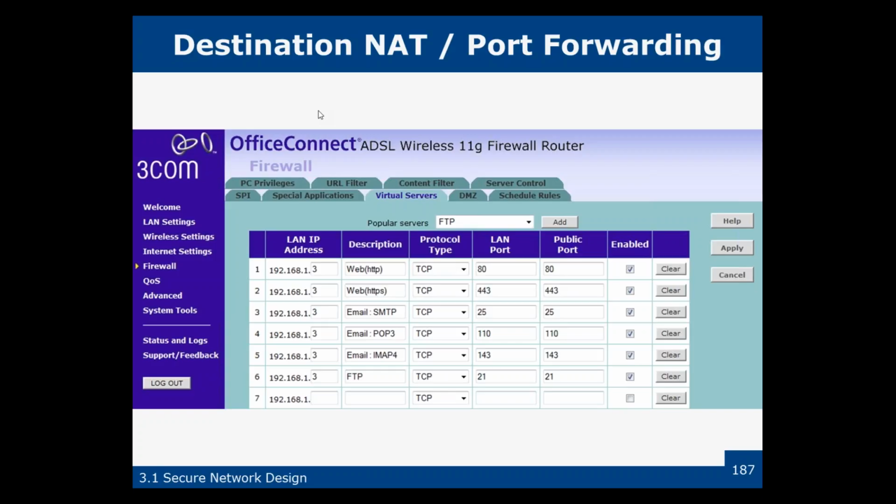A single address comes into our router, and then if it's going to port 80, we send it to 192.168.1.3, which is here. This is showing all the services running on 1.3. We could have different services on different machines, but we can only redirect a port one time. And this would be similar to the outside in NAT. It's going to allow users to access resources inside the network.